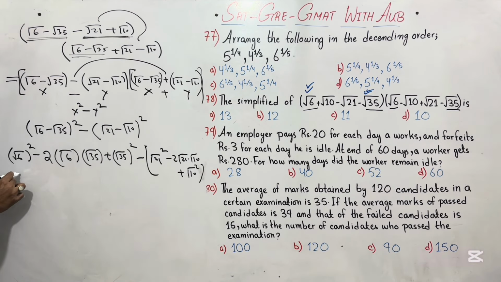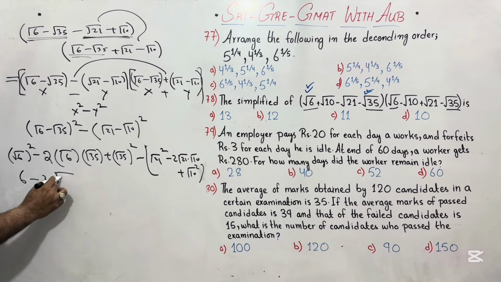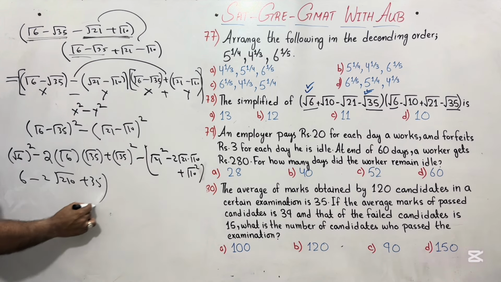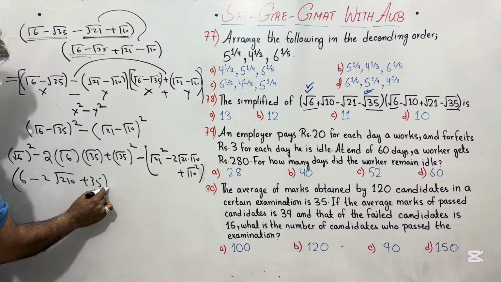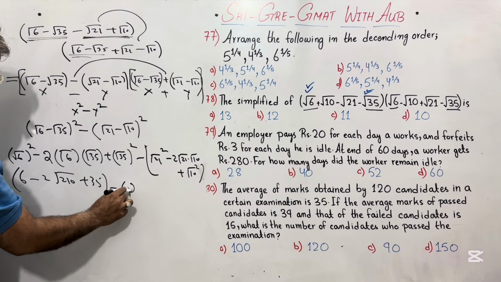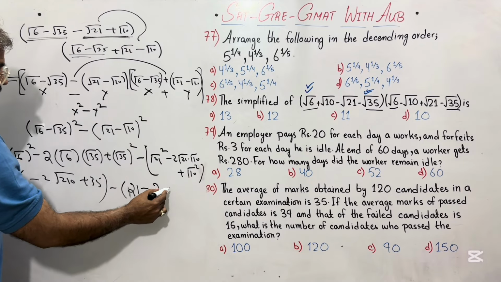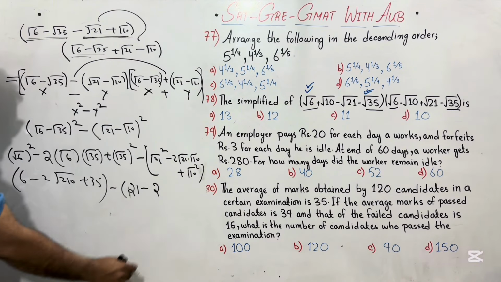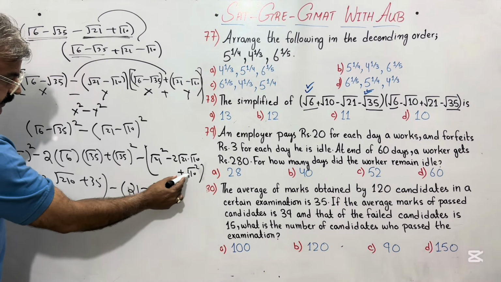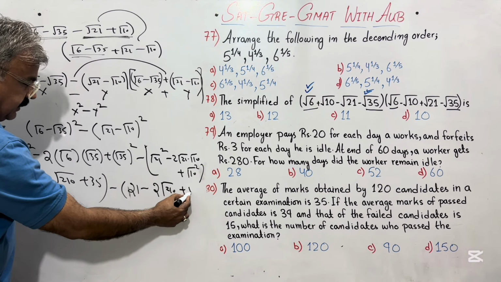Now square and root cancel. It is 6 minus 2 times √(6 times 35). It is √210 in the root. Square and root cancel, it is 35. Next bracket, square and root cancel, we have only 21 minus 2 times √(21 times 10), that is √210, and square of √10 is only 10.